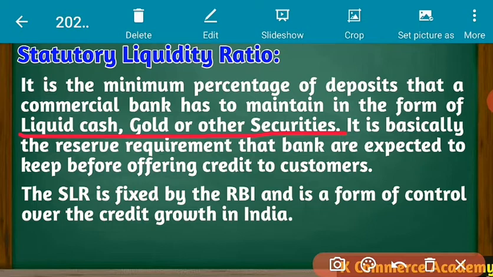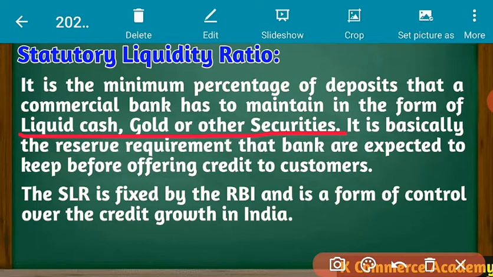It is basically the reserve requirement that banks are expected to keep before offering credit to customers. The SLR is fixed by the RBI, the Central Bank of the country, and is a form of control over credit growth in India.